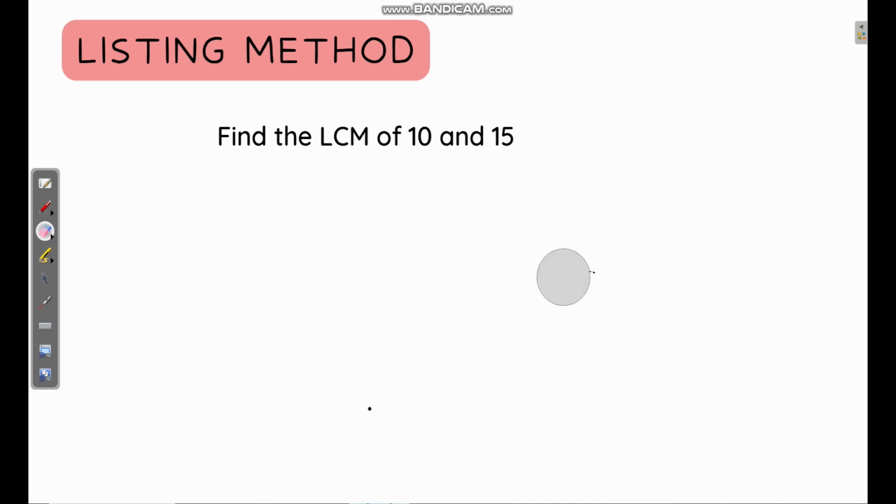So let's find the LCM of 10 and 15. Listing means listing all the multiples and then seeing which multiple is common. So let's take the first number, that is 10. We will write all the multiples of 10: 10, 20, 30, 40, 50, 60, 70. We should write approximately 6 to 7 multiples.